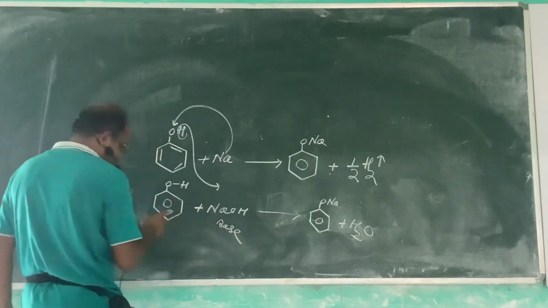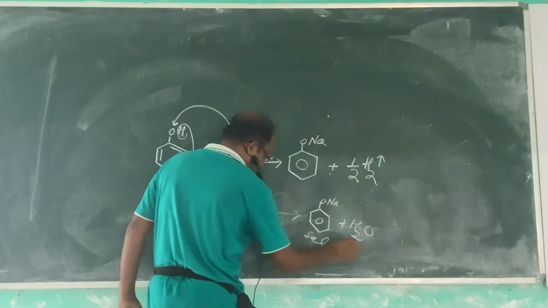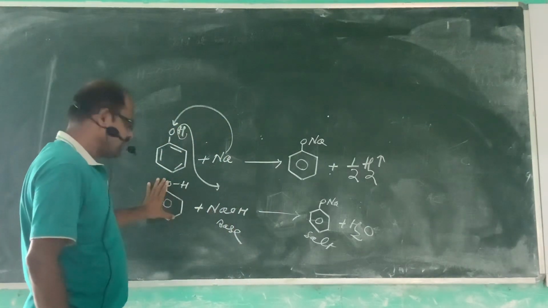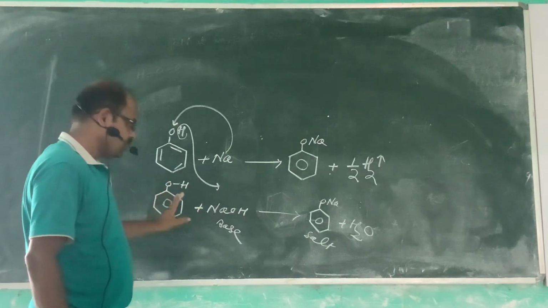It reacts with the phenol and gives rise to salt and water. That indicates that this substance is acidic in nature, as it provides salt when it reacts with the base.